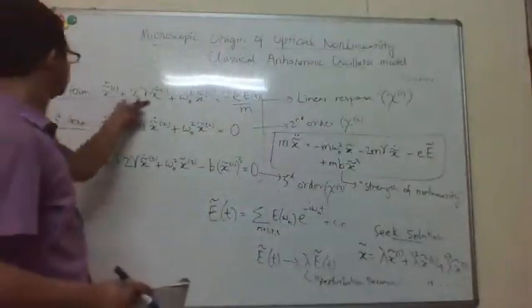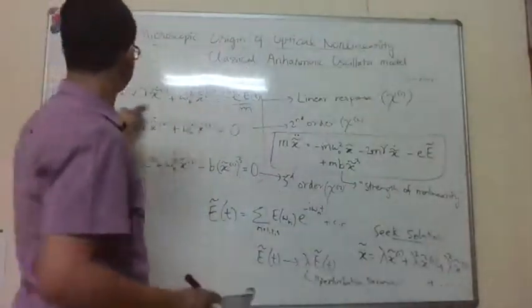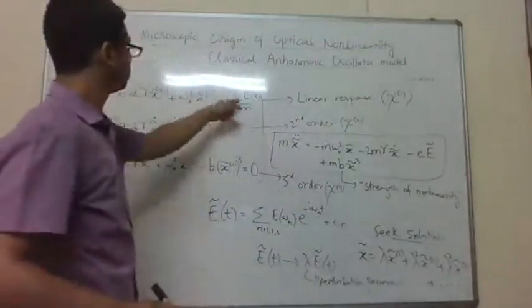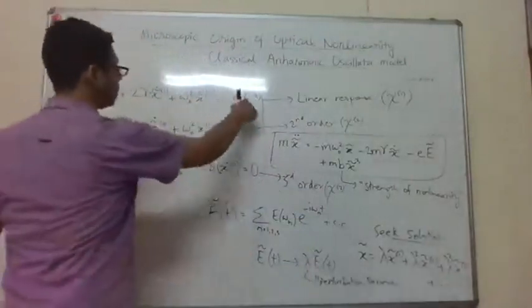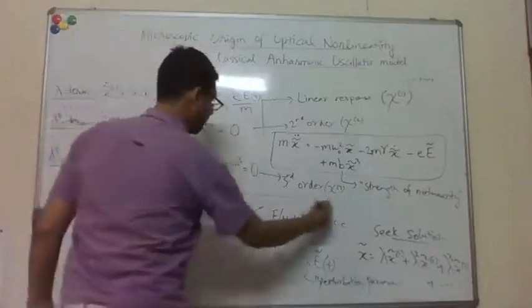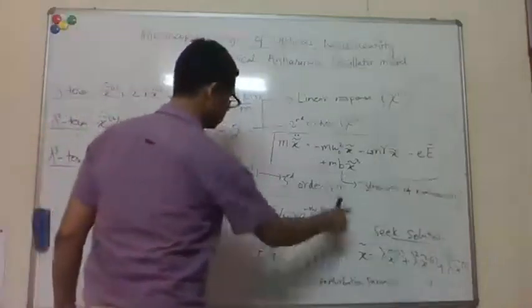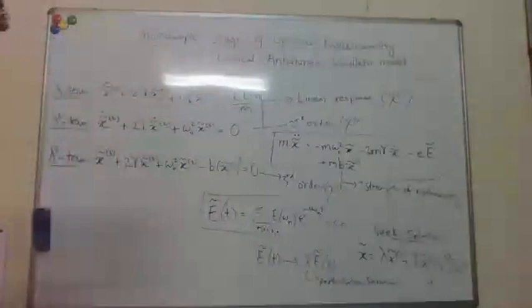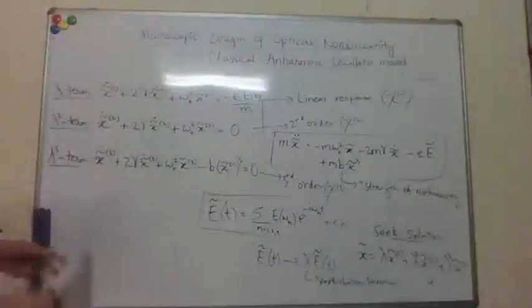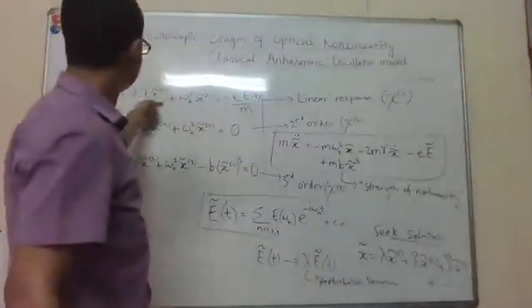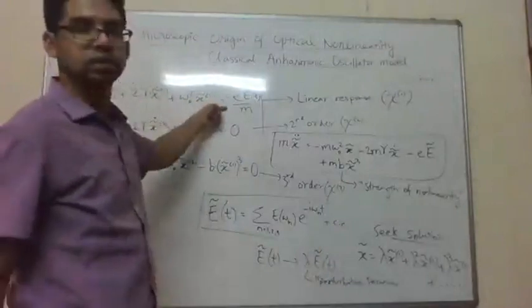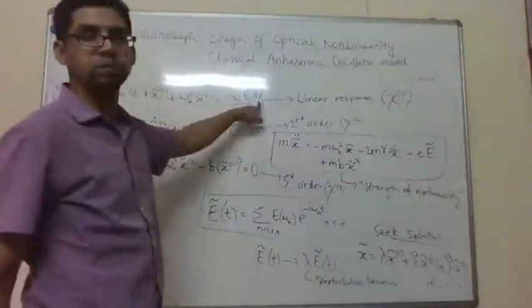Right, so let's look at the first linear response term. The electric field we can write as, let's say, a sum of some input frequencies. So this is basically just the harmonic oscillator equation with some driving term.